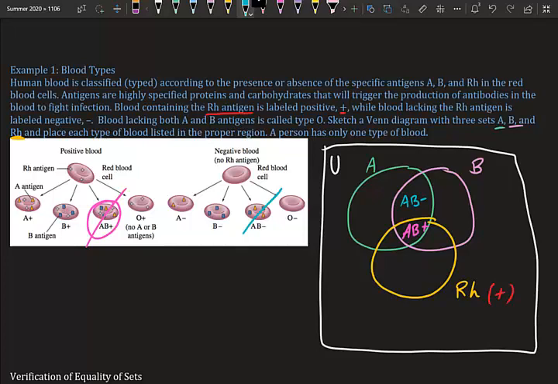So here, this is A and Rh. So that's A Rh, which is A positive. All right, here we're in circle B, set B, and then set Rh, or set positive, so that's B positive.